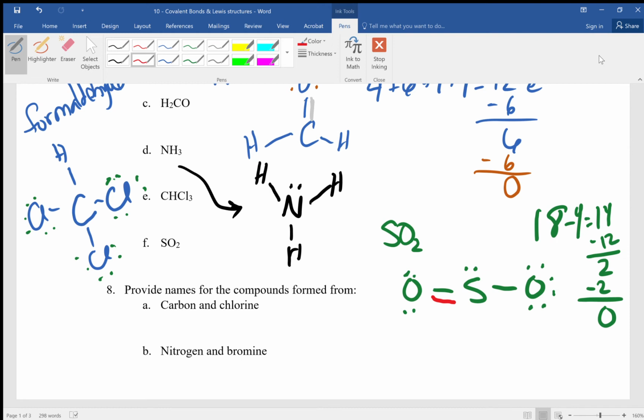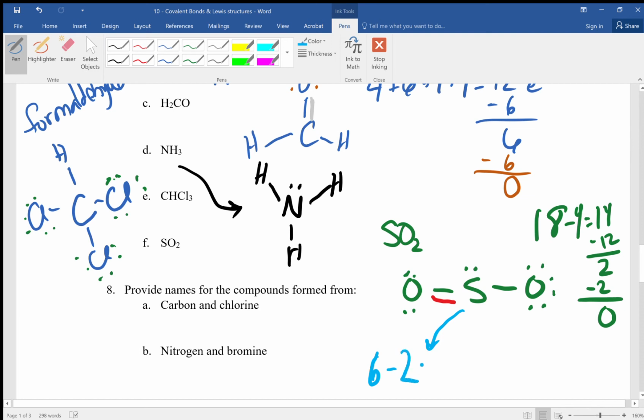So at the end of the lecture on Lewis structures, I talked about formal charge. And let's calculate the formal charge on these atoms. So sulfur here should have 6 electrons. It has 2 electrons in a lone pair and 6 electrons in bonds.